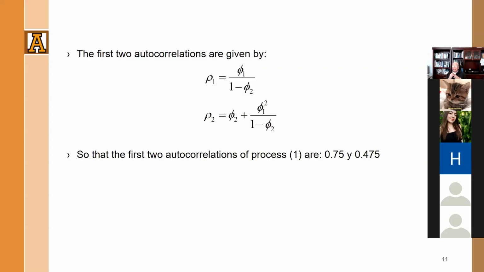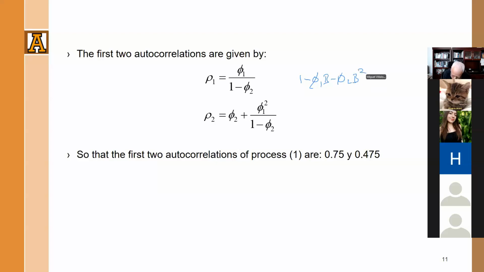Because remember, for k equals 3 and on, the autocorrelations behave according to the model. Remember that the model is 1 minus phi1 B minus phi2 B squared.